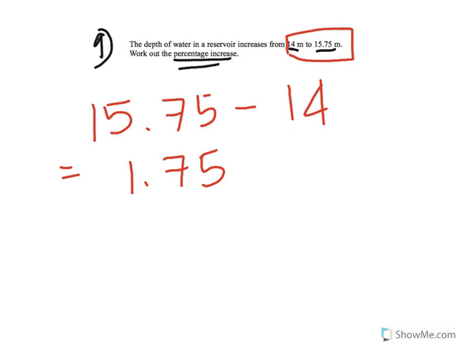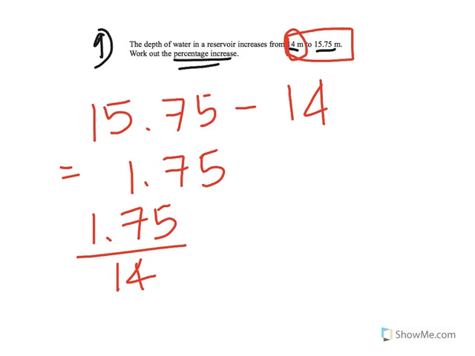Now, we need to find a percentage increase, so we need to find out a fraction. When we want to find increase, we have to compare it to the original value. So we have to compare the increase to the original depth of 14. So we say that the increase is 1.75 divided by 14, because that's the amount by which it increased.